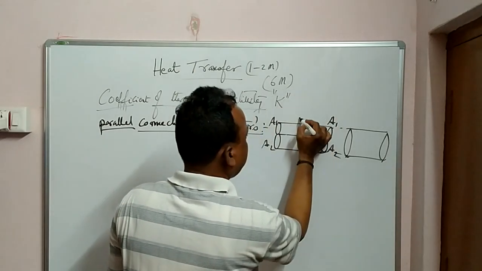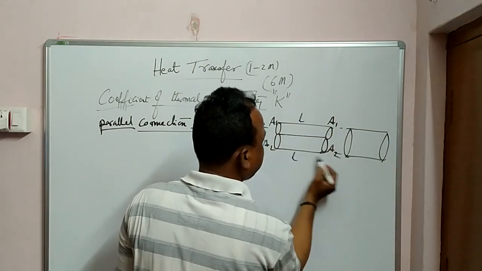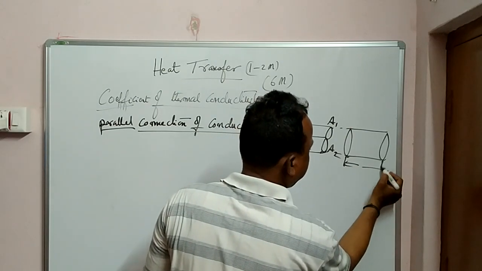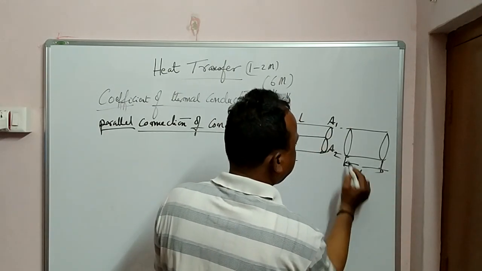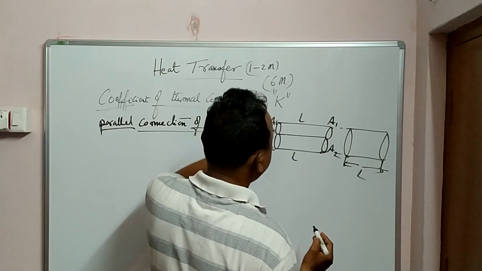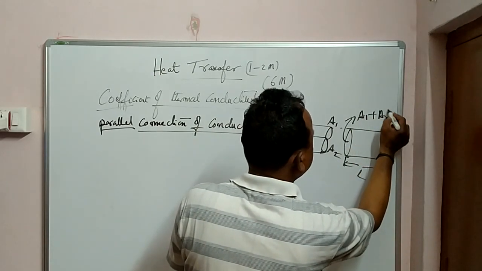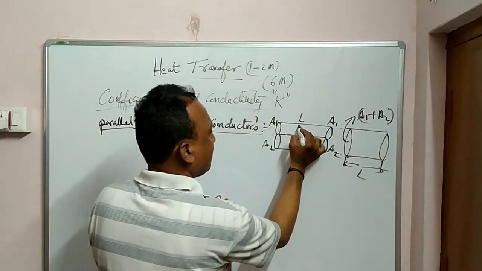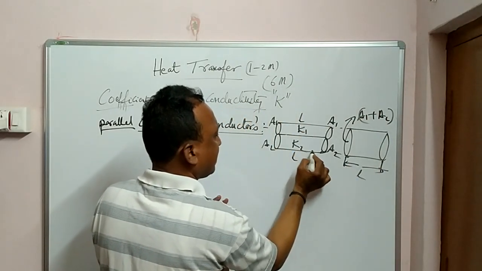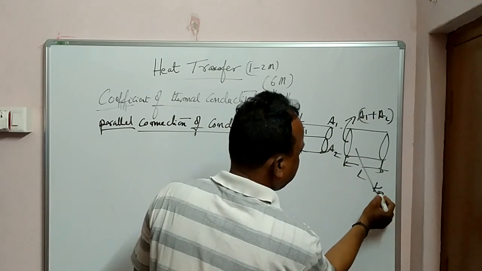Initially the length, whatever length taken here, the same length will be there, because it is a parallel connection, so length is constant. Area is now added up, A1 plus A2. If you take unequal areas, A1 plus A2, and here the coefficients of conductivity K1, K2, and here it is Ke.